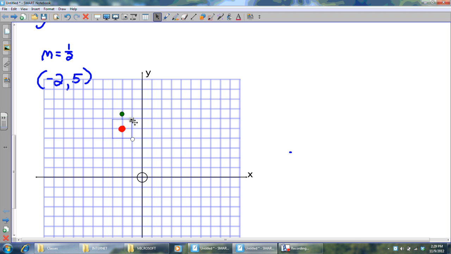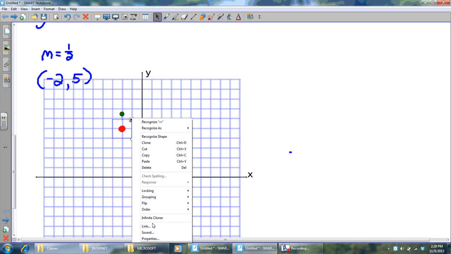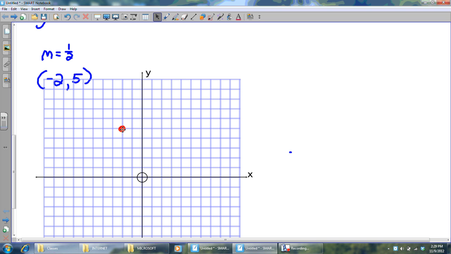And then from that point, I'm going to use my slope. I'm going to rise 1, run 2. Rise 1 from there, rise 1, run 2. Or I could go down 1 and back 2. And there you go. We have our line. That's called point slope form.